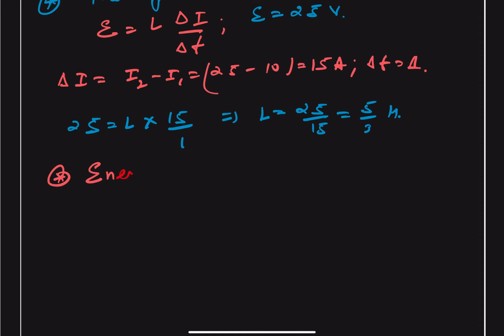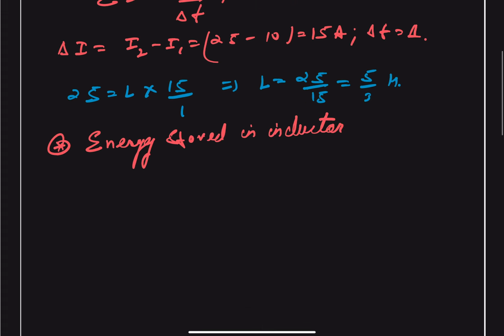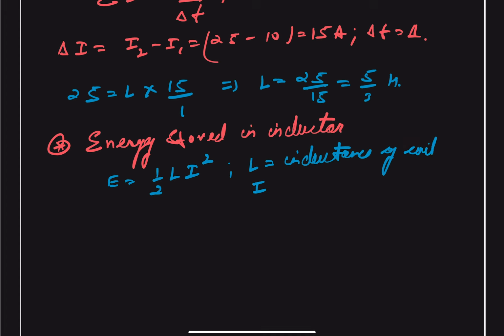So the energy stored in the inductor can be written as E is equal to half L I square, where L is the inductance of the coil and I is the current.